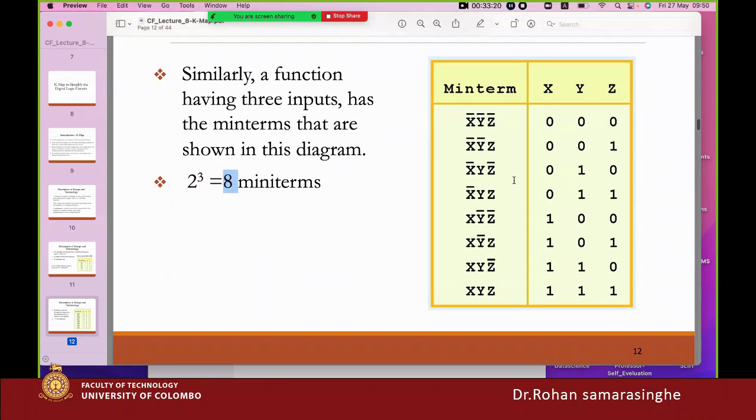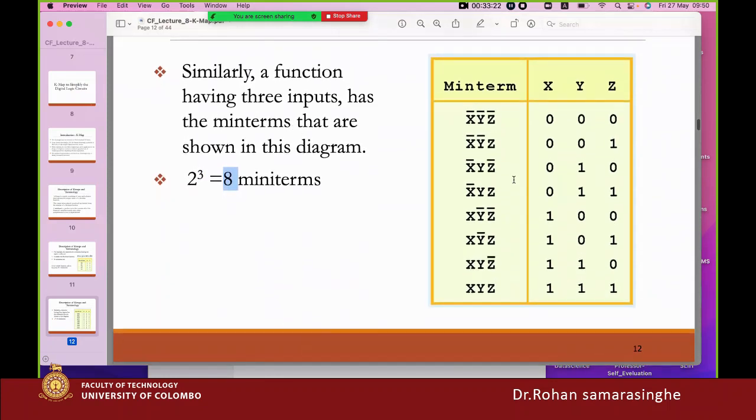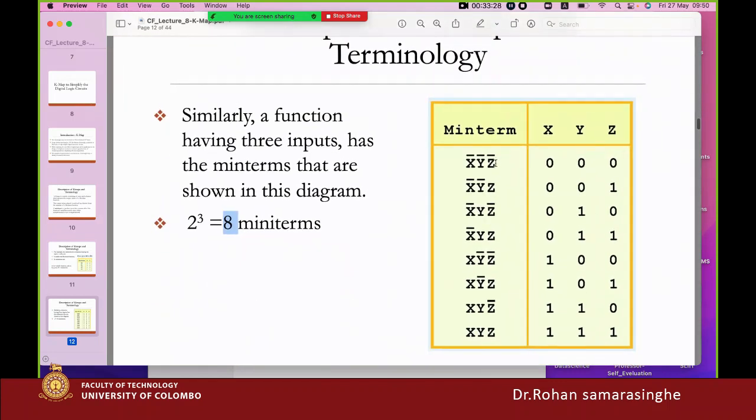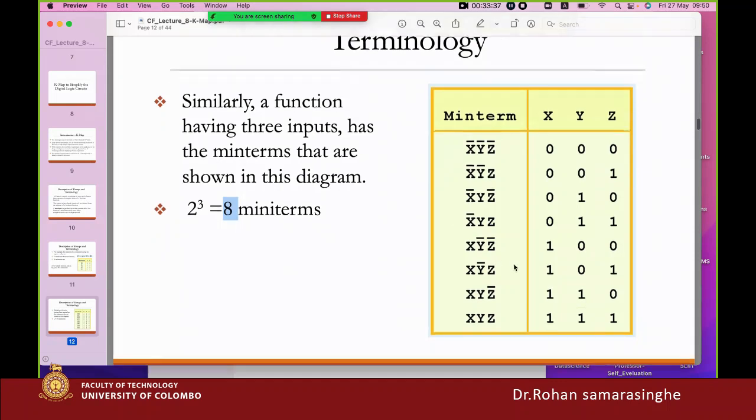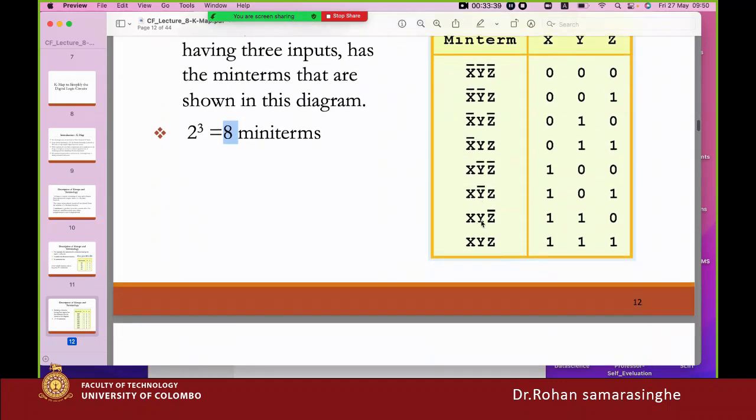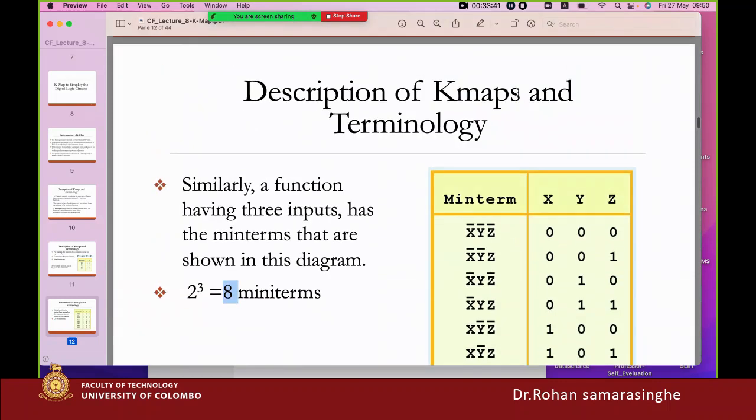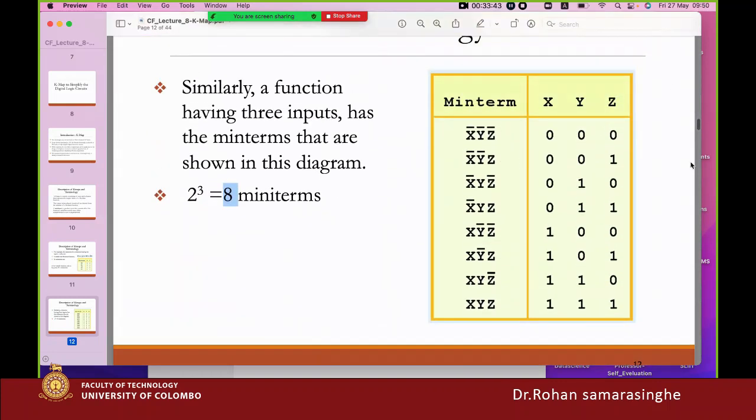Here you can write the potential minterms if there are three variables: x bar y bar z bar, x bar y bar z, x bar y z bar, x bar y z, x y bar z bar, x y bar z, x y z bar, x y z. You can easily derive the truth table for these minterms. First, put the three variables x, y, z.